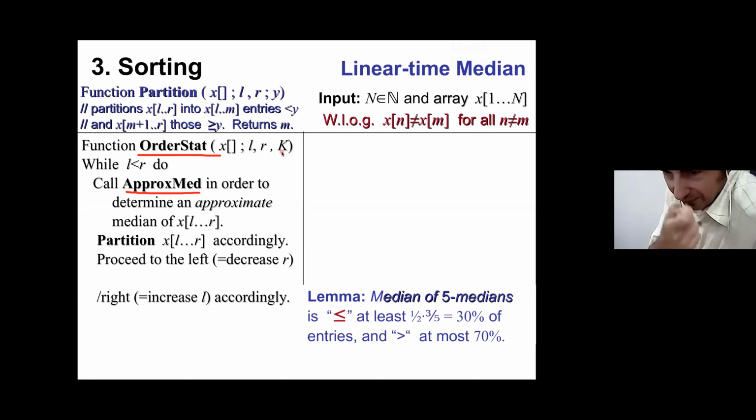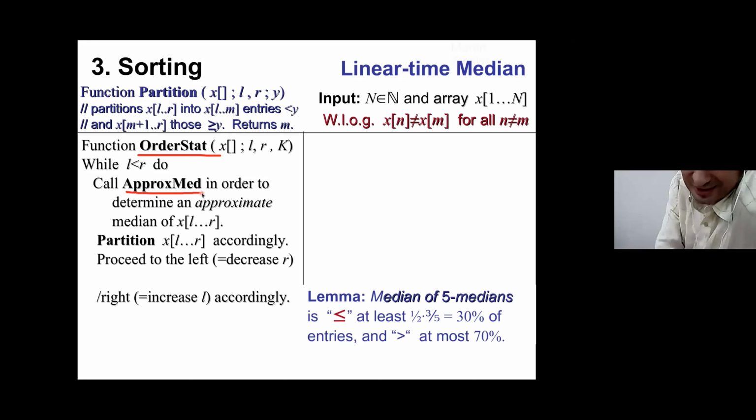And the approximate median is supposed to return an element which approximates the median with precision 0.3, like the median of 5 medians. So approximate median means an element which is not exactly the median, but is at least 0.3 times n away from the left and the right boundary of the array.